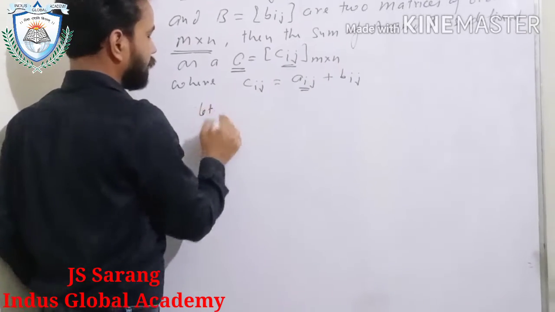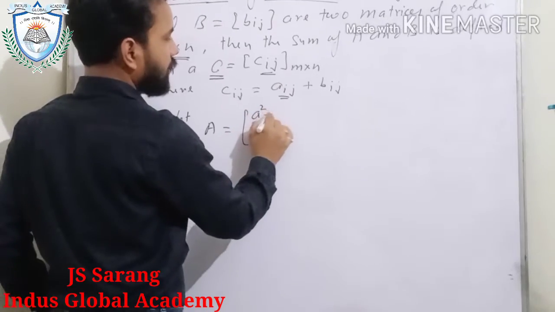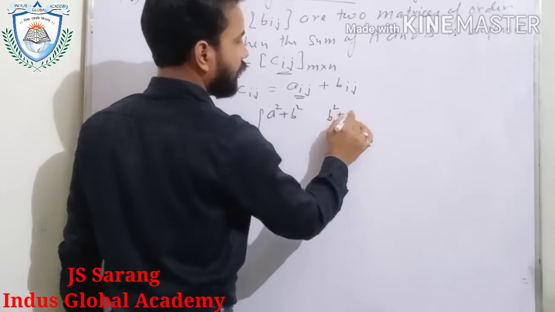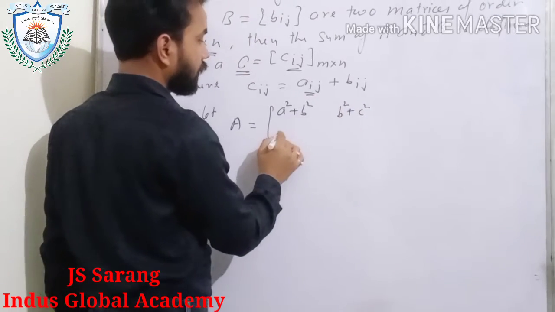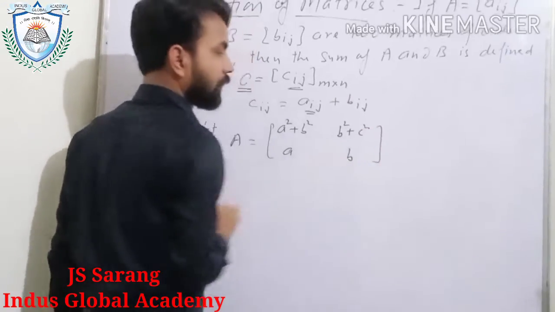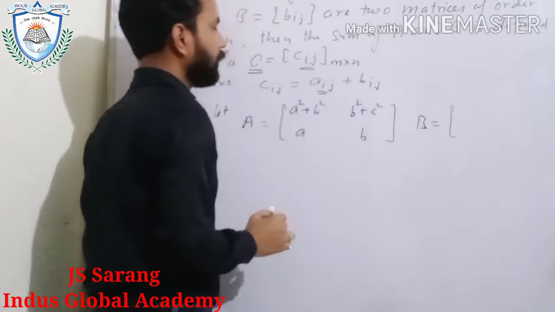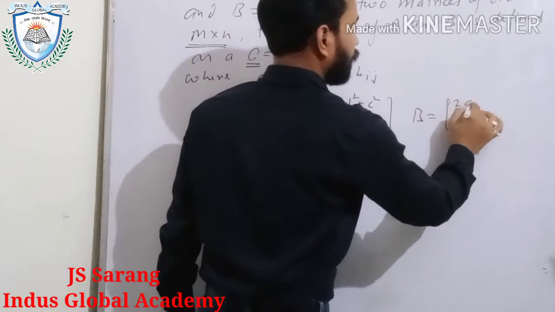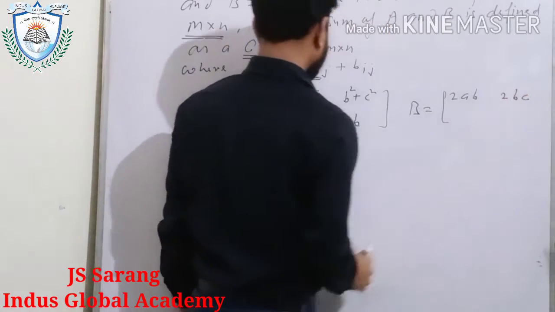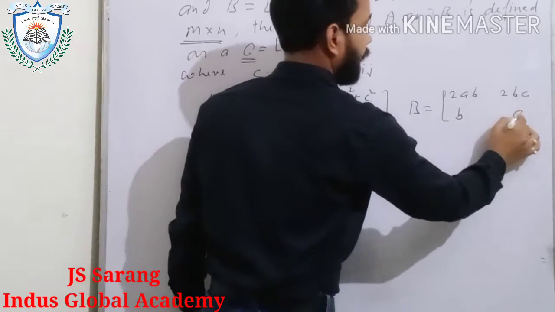Let A matrix be [A square plus B square, B square plus C square; A and B, B and C] and B matrix equal to [2AB, 2BC; B and C].